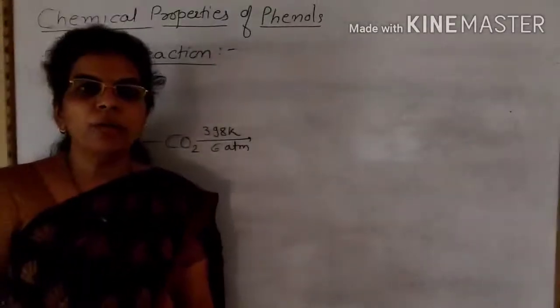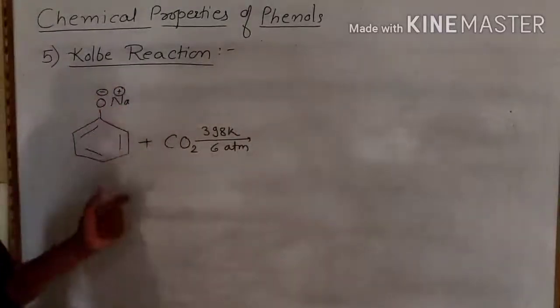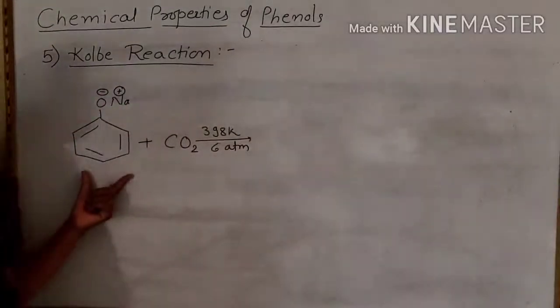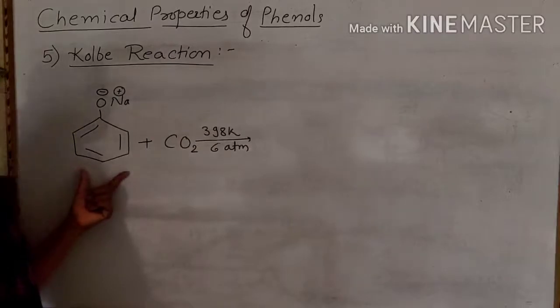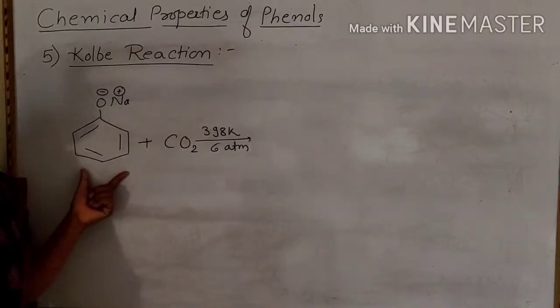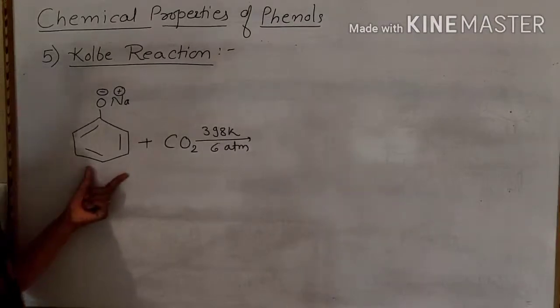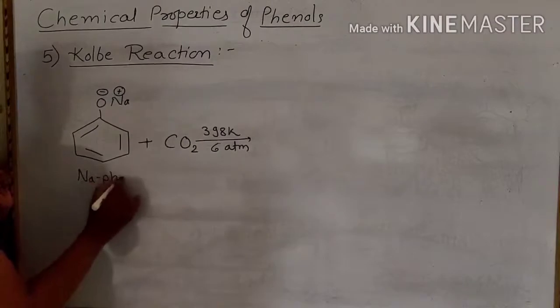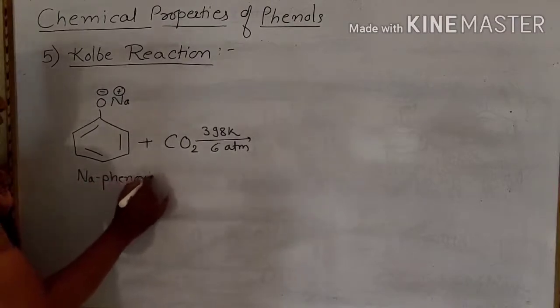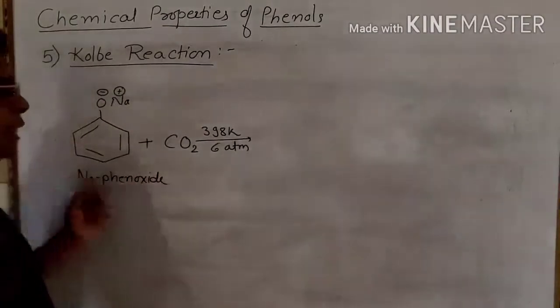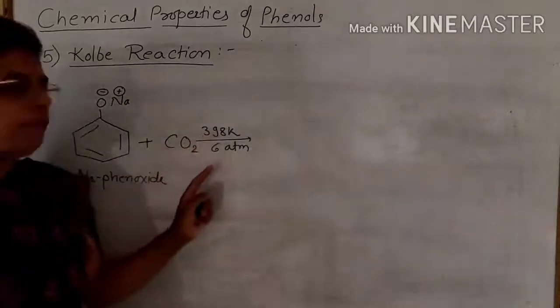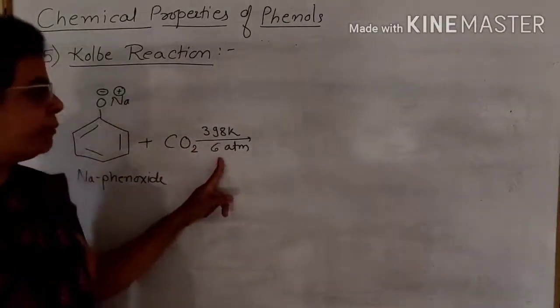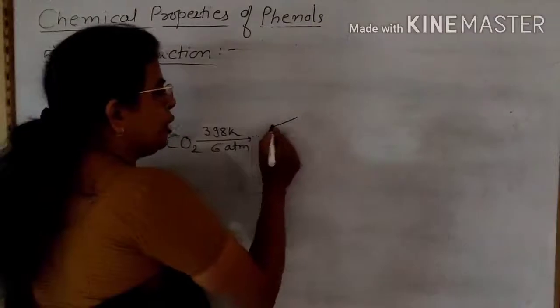Next reaction we are going to see is the Kolbe reaction. Now here, this is sodium phenoxide. This sodium phenoxide is obtained by the reaction of phenol with aqueous NaOH, that is a neutralization reaction. When this sodium phenoxide is treated with carbon dioxide at 398 Kelvin under 6 atmospheric pressure, we will get sodium salicylate.